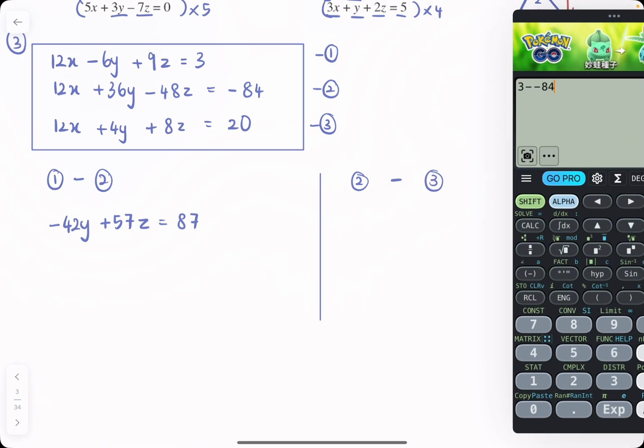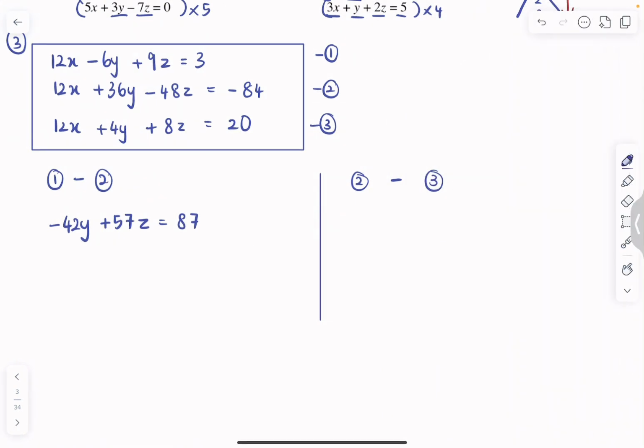Right. Let's look at 2 minus 3. So these 2 minus off. 36 minus 4 is 32. Negative 48z minus 8 will be negative 56z. And then negative 84 minus 20 will give us minus 104.